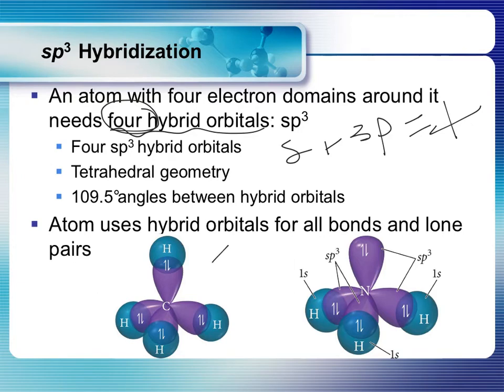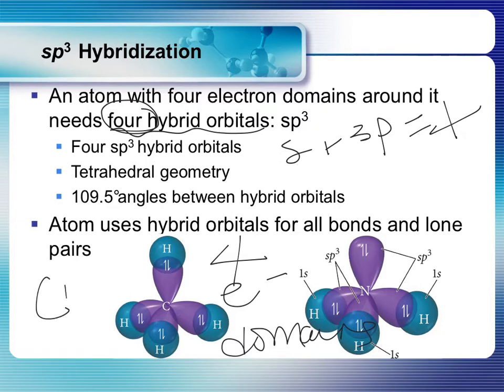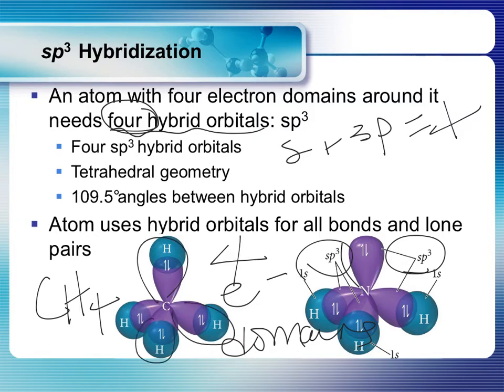A molecule that has 4 electron domains. So for example, CH4 methane. The central carbon has 4 electron domains around it, so it needs sp3 hybridization. It needs 4 areas to hold the bonding electrons.